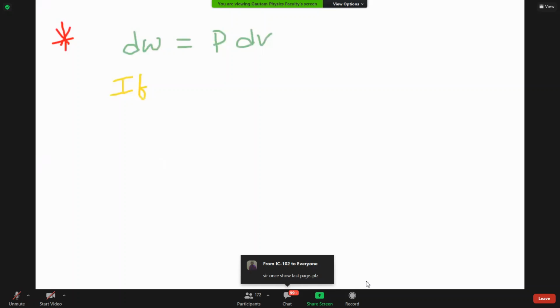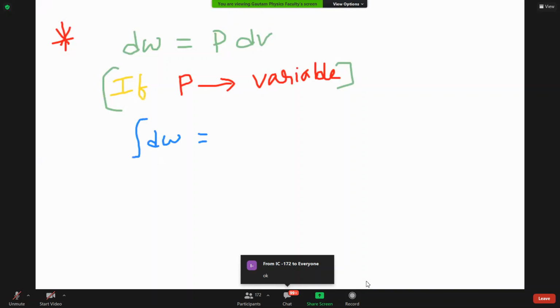dW is equal to P dV. If P is variable, it is not constant. Pressure is also changing. Then we have to apply integration on both sides, from initial volume V1 to final volume V2.